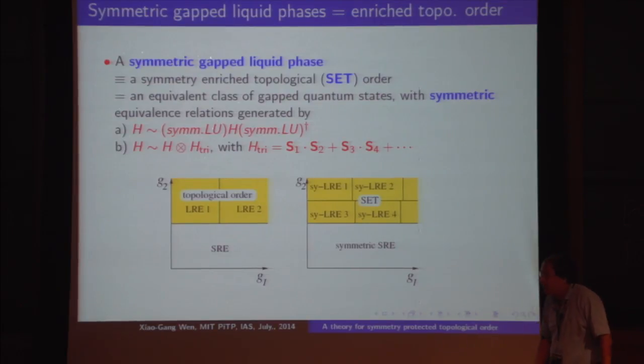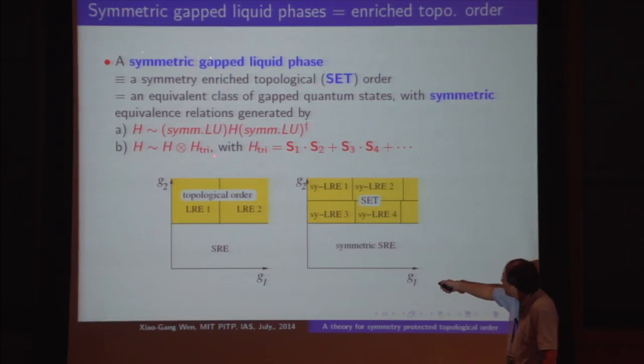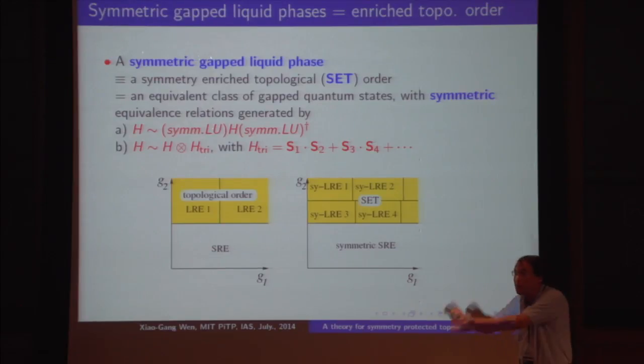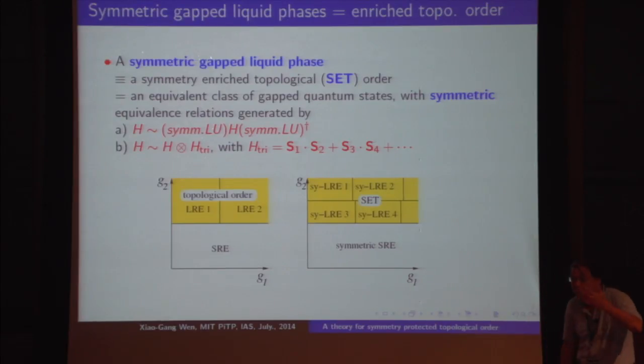Certainly, we're also adding the product states. But similarly, the product state we want to add should also have the symmetry. For example, if you have an SO3 symmetry, then you want to add a product state of simply spin up, spin down dimers. That's also a product state, but it also keeps the SO3 symmetry.